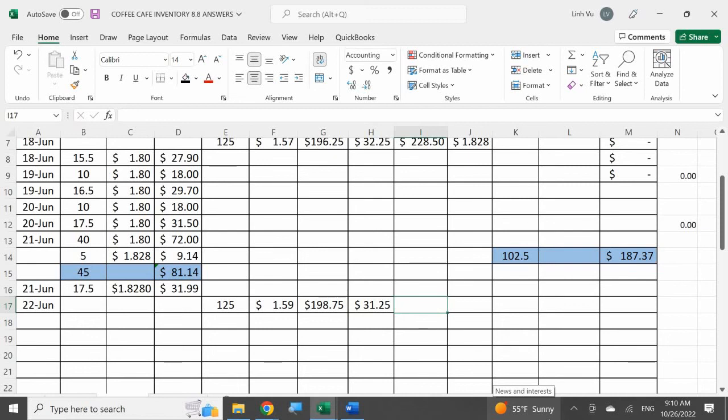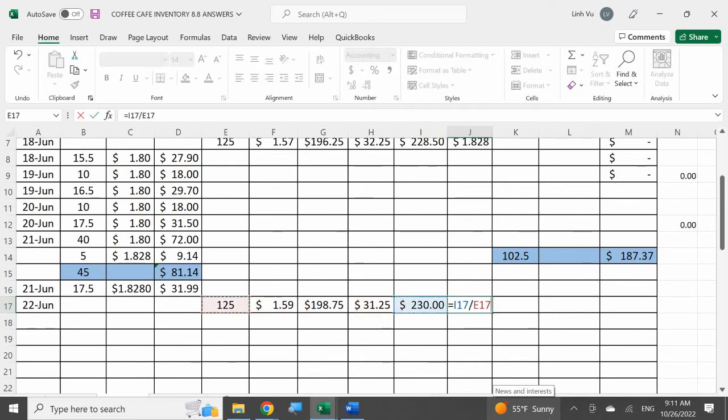So what's my total cost here? $230. Okay, because I'm doing FIFO, I need to calculate my cost per item for this batch.